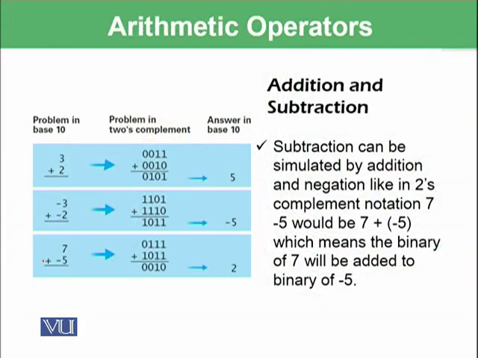So you have already learned that subtraction can be achieved or simulated by addition and negation, like in 2's complement. For example, if we save numbers in 2's complement notation, like we have stored minus 3 using 1101, which was actually 13 in binary, and minus 2 using this, and we add these negative numbers, the answer would be perfectly right.